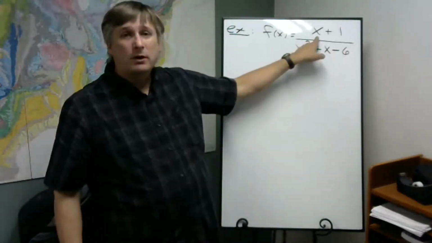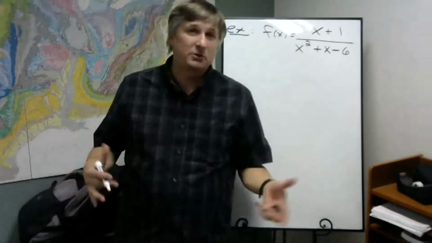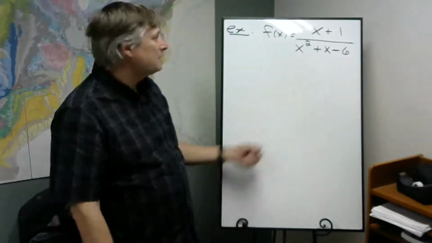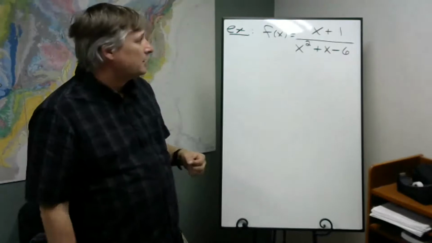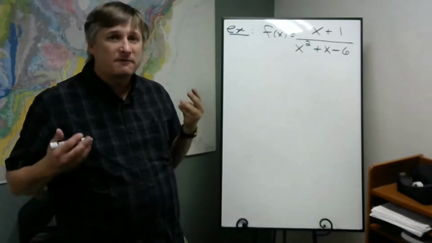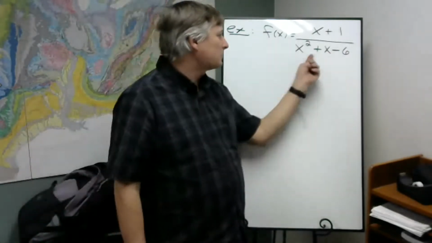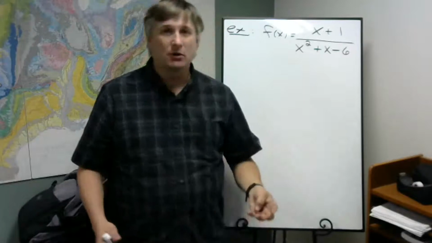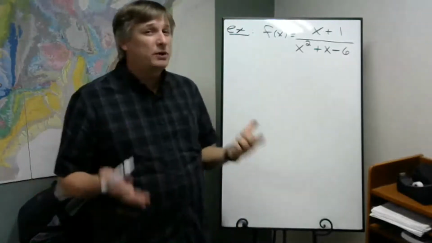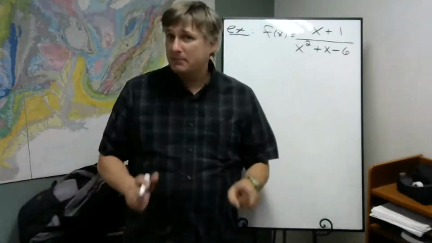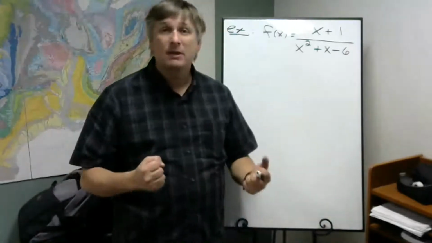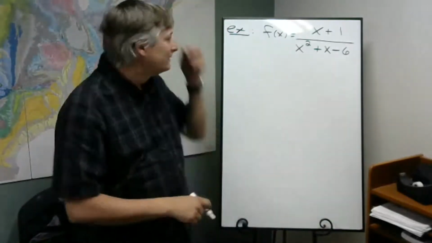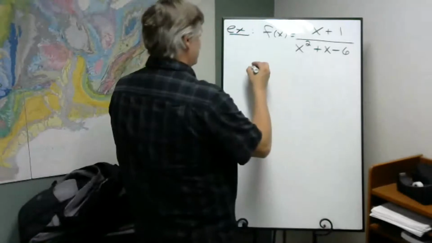You have a degree 1 polynomial, or another term for that could be a line. And then we have a degree 2 polynomial on the bottom. So what we want to do is this. We want to find the values of x that cause this to be 0. And that will tell us which values of x will not be in the domain. But all the other values of x, they can be in the domain. That's perfectly fine.